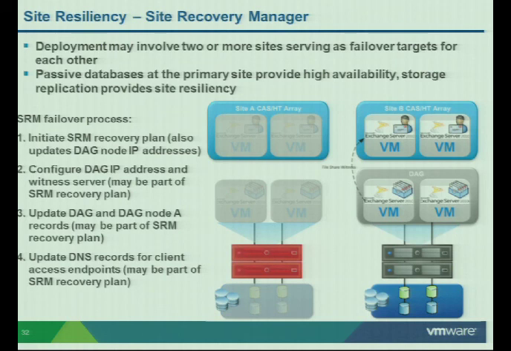In fact, the only Exchange portion that's involved is updating of the DAG or cluster IP address. And really, that can be all scripted from within the SRM recovery plan. So this actually from end to end can be completely scripted within SRM so that anyone with the access could go in and run this recovery plan.